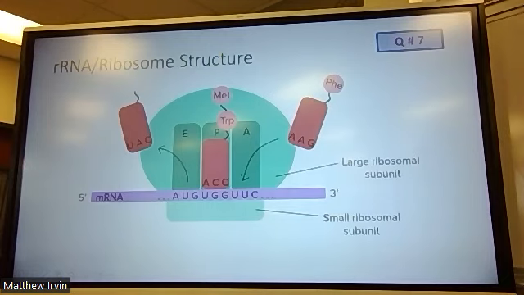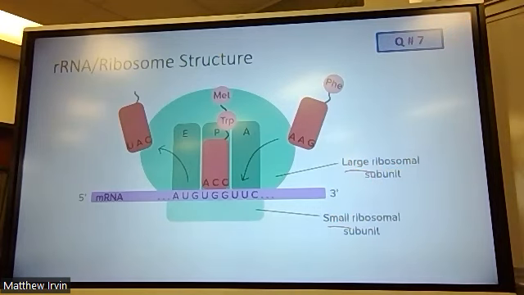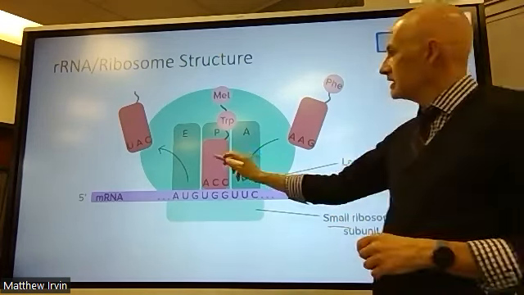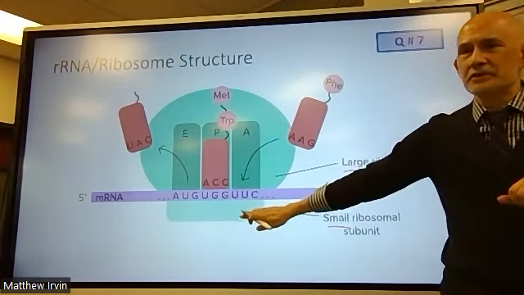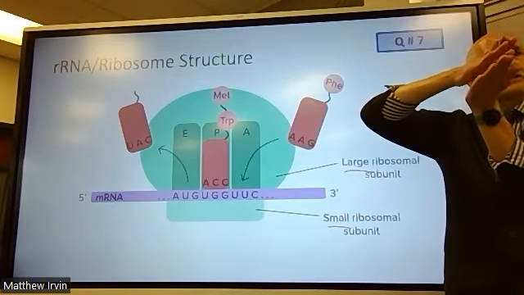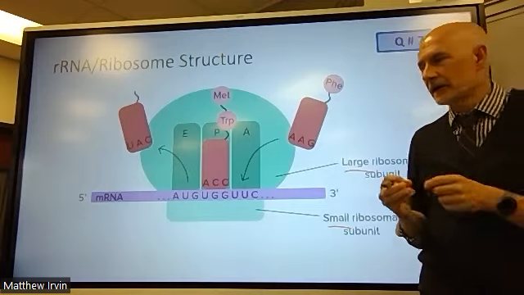All right, ribosome structure. We've got the large subunit and the small subunit, and in the large subunit, you've got the E site, the P site, and the A site. The small subunit's job is simply to sandwich the mRNA between the two, kind of like a binder clip.